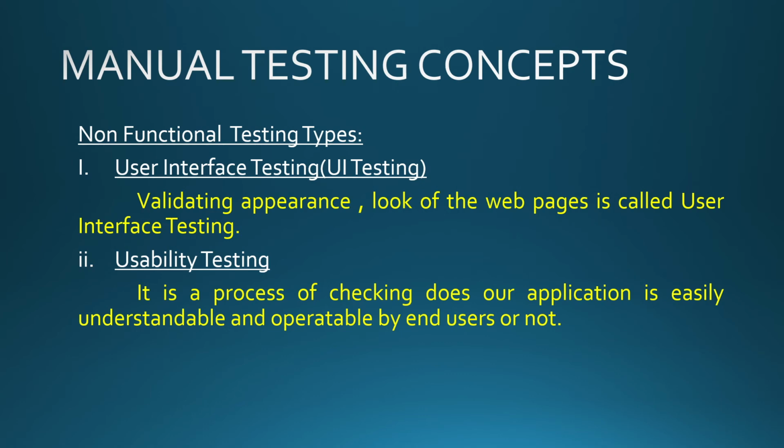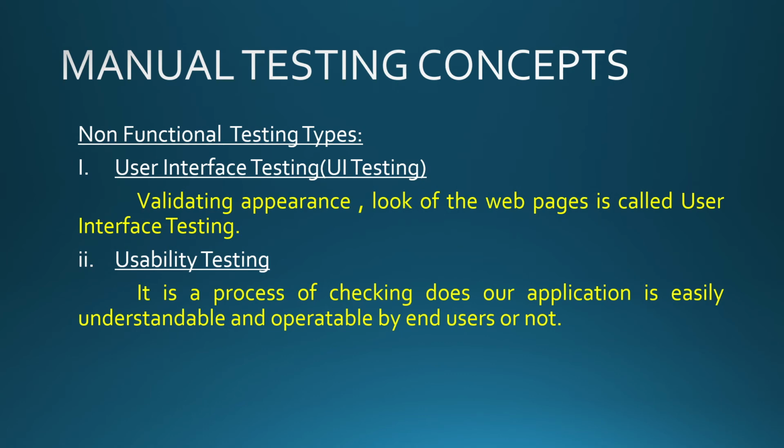The next testing under non-functional testing types is usability testing. What is usability testing? It is a process of checking whether our application is easily understandable and operable by end users or not.